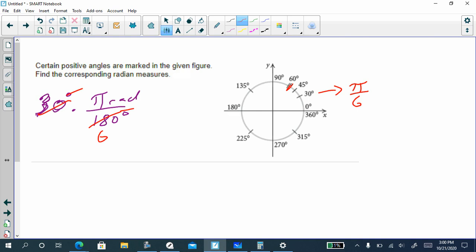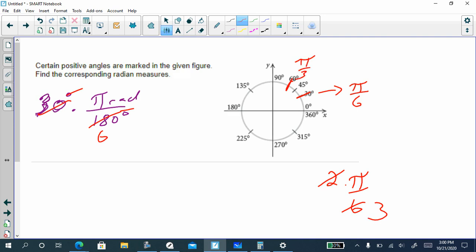60 degrees is twice 30. This angle is twice this angle. So if 60 is twice 30 in degrees, then to get the radian equivalent, we can just double pi over 6. Well, if we double pi over 6, we would get pi over 3.